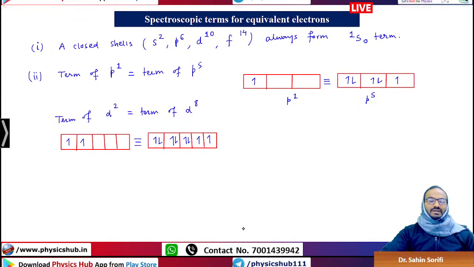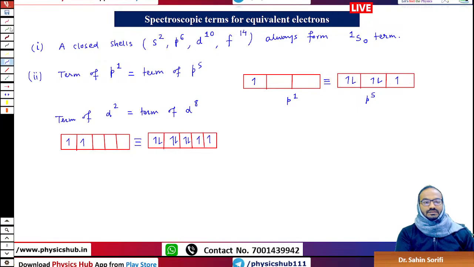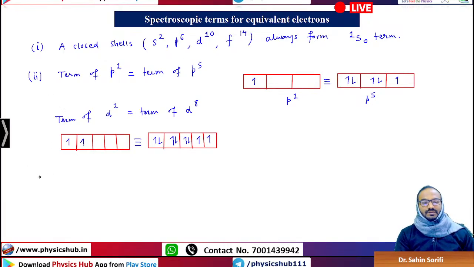So let us try to calculate the spectroscopic terms for d2. d2 means there are 2 electrons. One is this electron, another one is this electron.